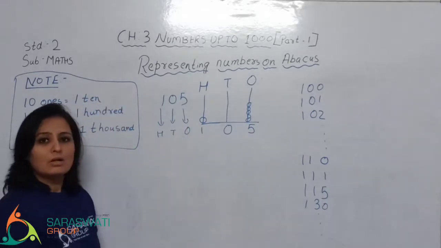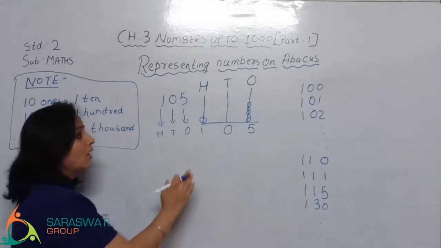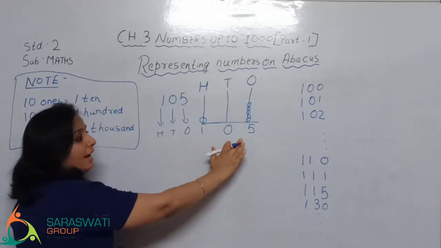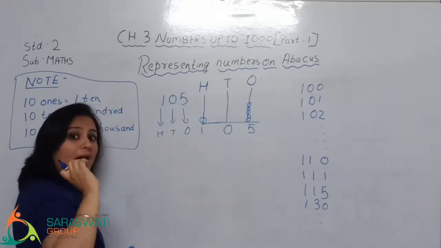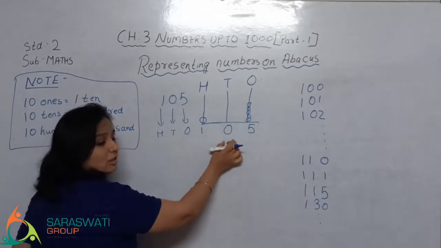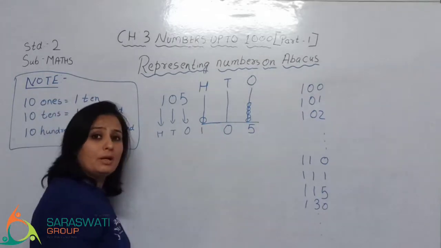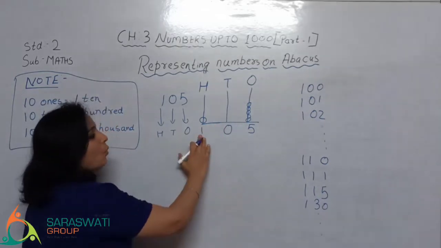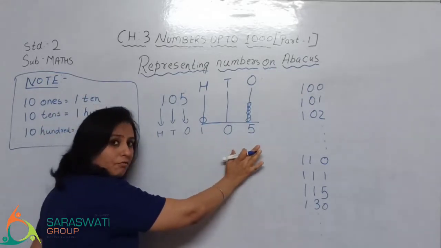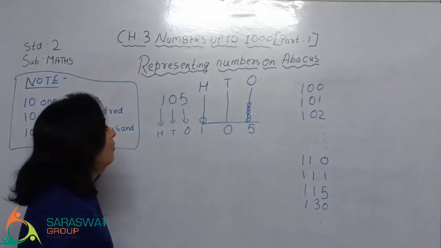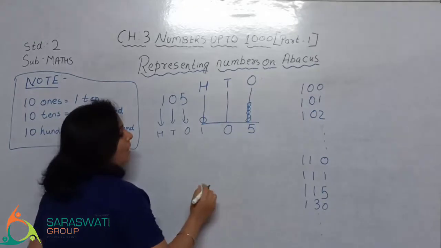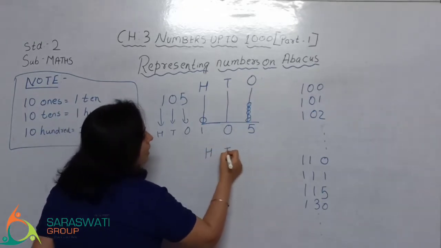So how will I speak? 105. Why I spoke and? Because at tens place there is nothing to be added. So how will I speak? 105.